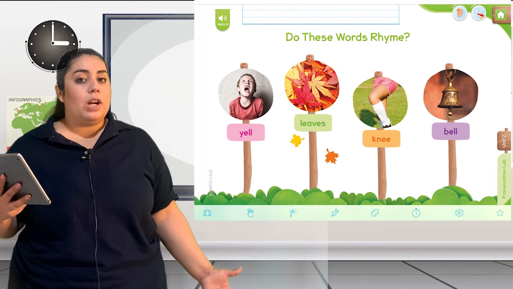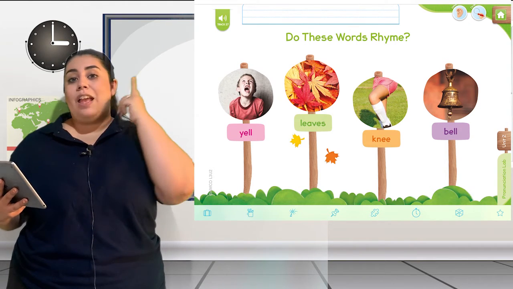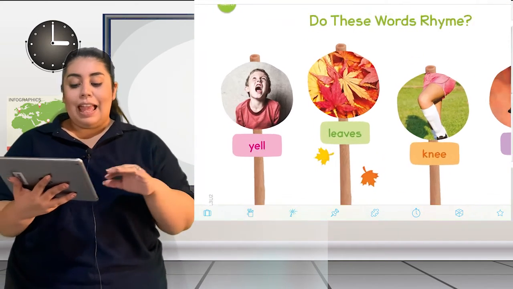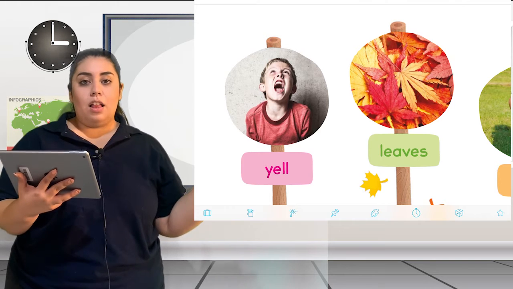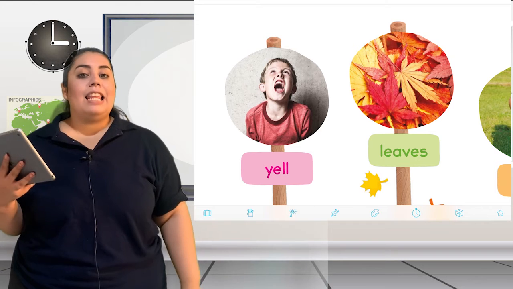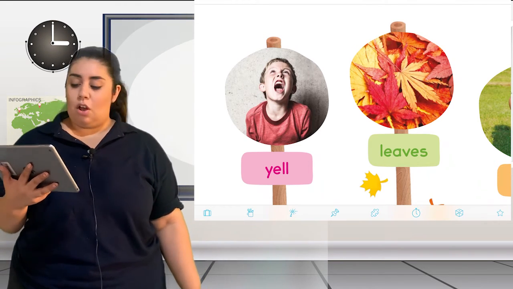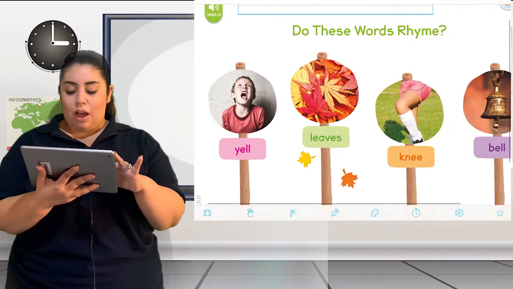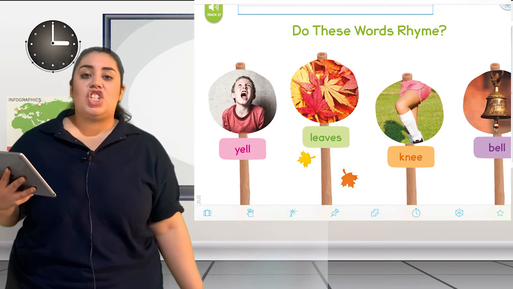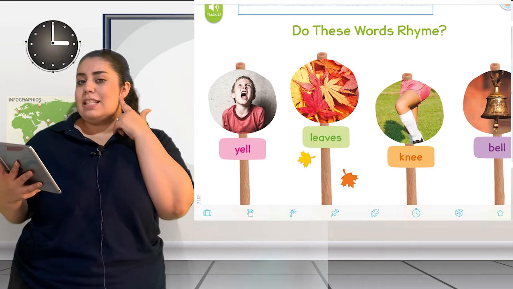We already know what is a rhyme. When 2 words are similar. When you listen to the words and the sound is very similar. Let's compare. Jail, leaves. They sound the same? No. Let's compare now. Jail, knee. The sound is similar?